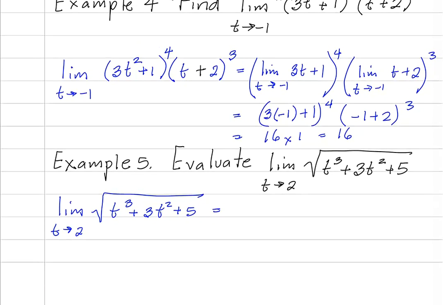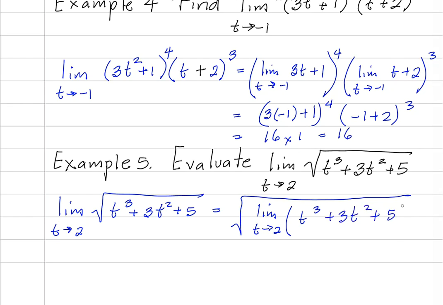Alright. So again, if I wanted to go limit law, I could say that this is equal to the square root of the limit as t approaches 2 of t cubed plus 3t squared plus 5.